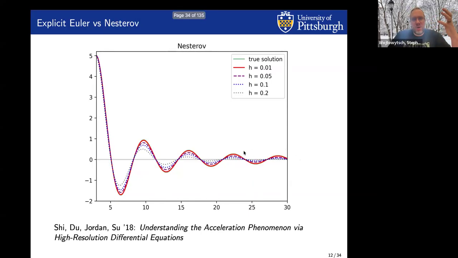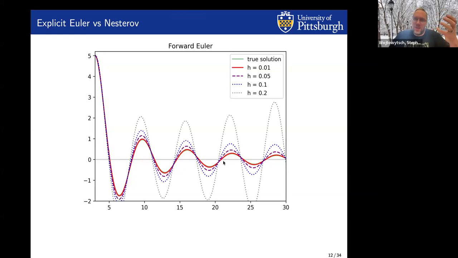So, Nesterov, interestingly enough, this discretization is not necessarily any more accurate for the physical system, but it makes the error in the right direction, meaning it overdamps the oscillations. So the term, this gradient descent step, if you look at the second order Taylor expansion, doesn't really give you a more accurate scheme, but it means that the oscillations are now damped too much rather than blowing up in the explicit Euler scheme.